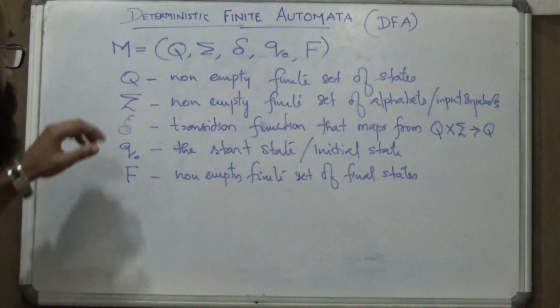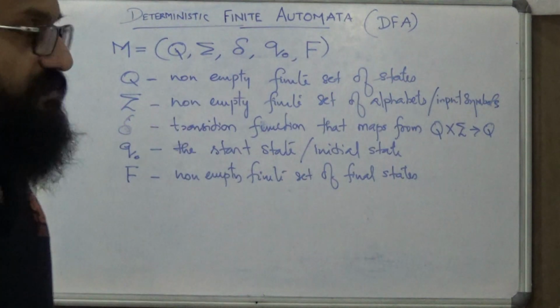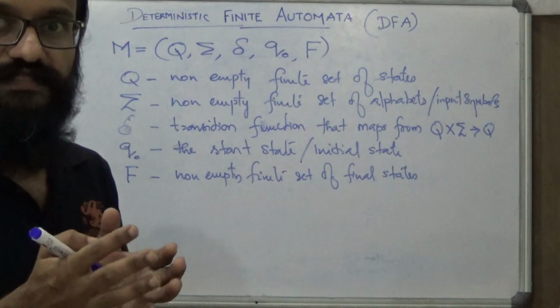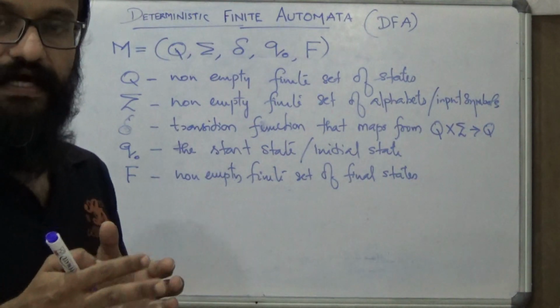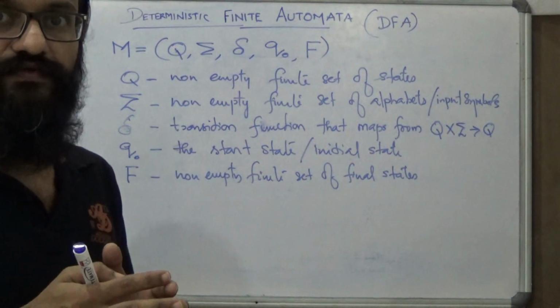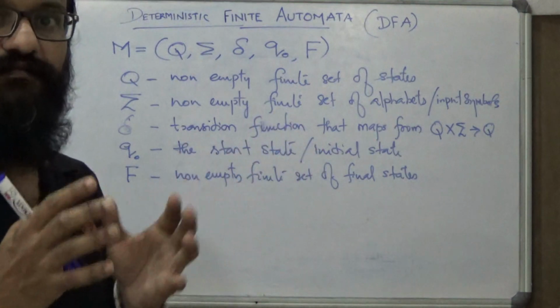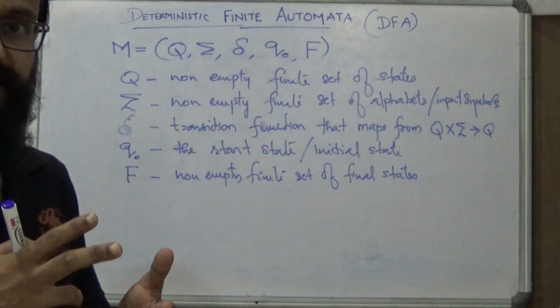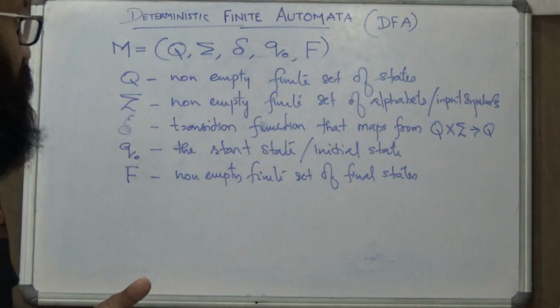Then sigma is a non-empty finite set of alphabets. In the sense, the set of input symbols must be non-empty, and that must be finite. So that is another reason for calling this a finite model. So the input alphabet set is finite and the set of states is also finite.